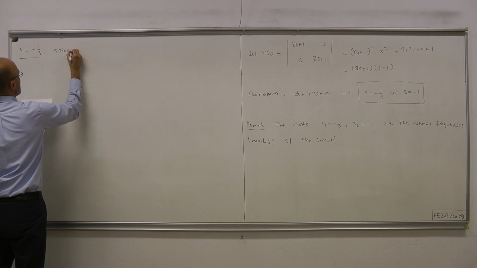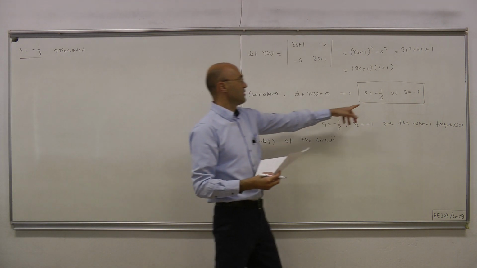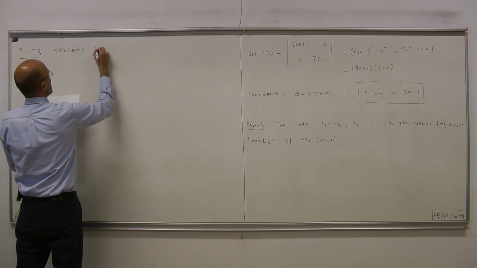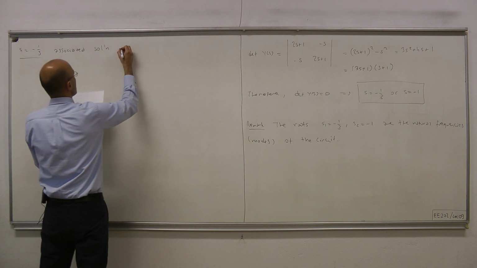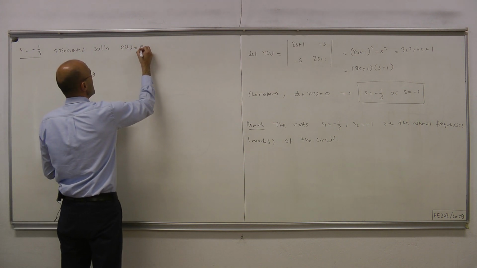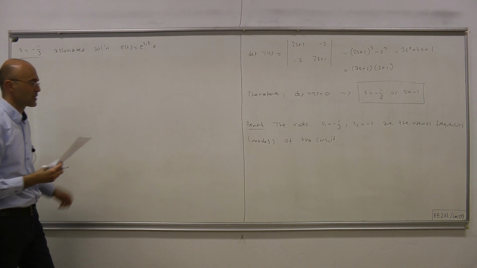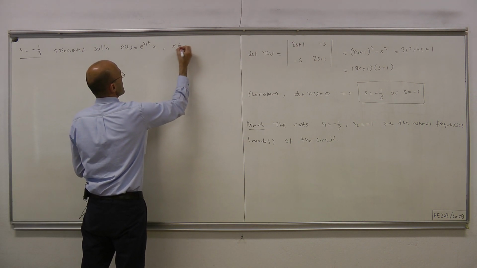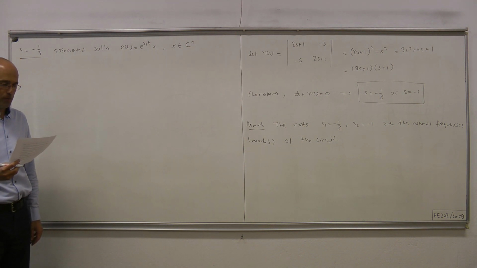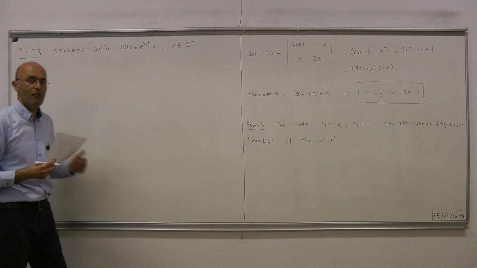So, if our guess is correct and if s equals minus 1/3, then the associated solution e of t equals e to the s1 t times x. And x is a vector of size 2. The question is, what can be said about x?